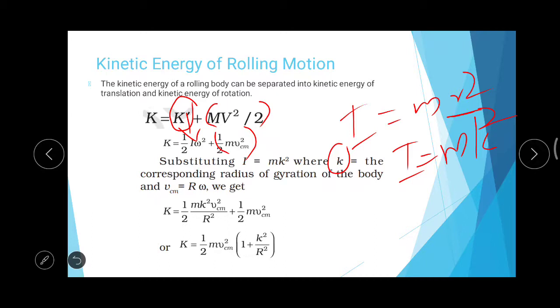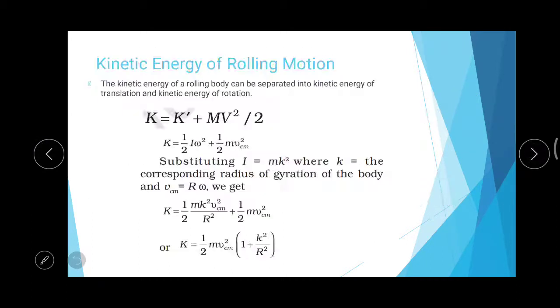So substituting the value of I as m k square, the equation will become half of m k square into omega square. Since r omega is equal to VCM, omega will be equal to VCM by r, so omega square will become VCM square by r square.